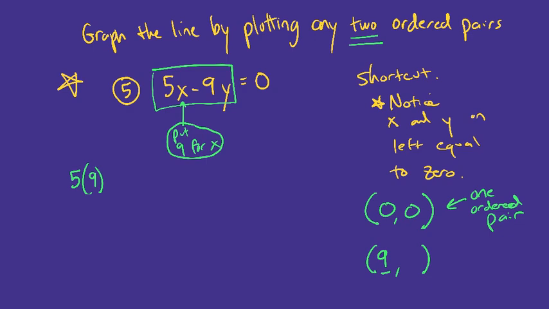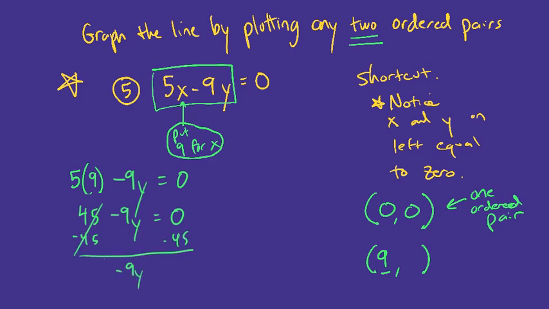And we've got 5 times 9 minus 9y equals 0. So 9 times 5 is 45, minus 9y equals 0. You're going to subtract 45. Got negative 9y equals negative 45. Divide by negative 9.